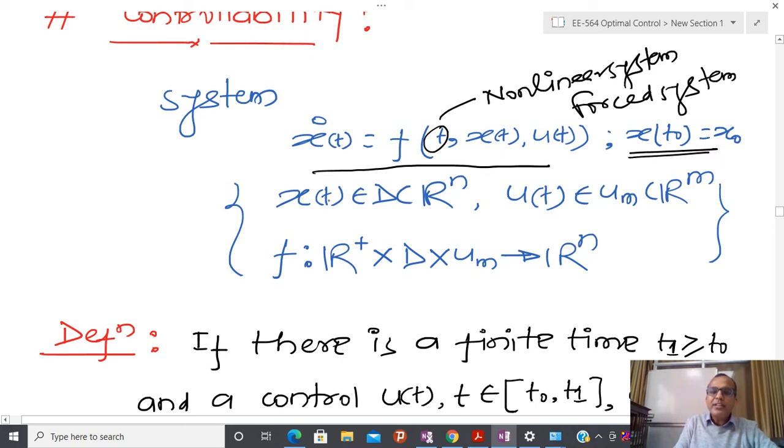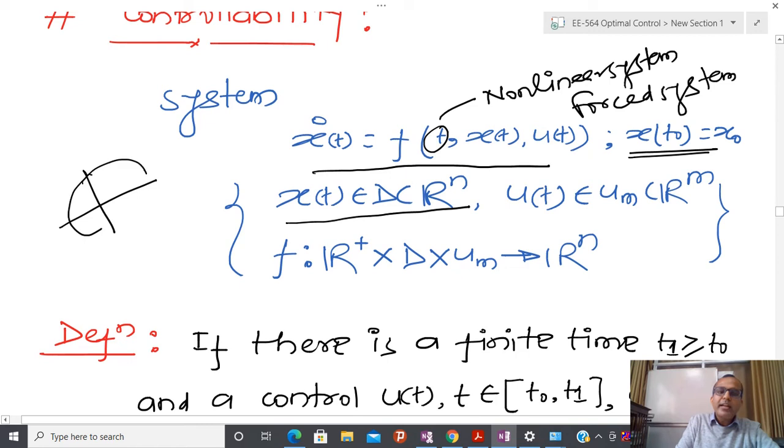What we are saying is that in most practical problems my state cannot take all values. Even if x can be anything, it is limited to some domain D, so I have written x(t) belongs to D, which is a subset of R^n. The whole space is R^n, but my interest is only in this particular space.